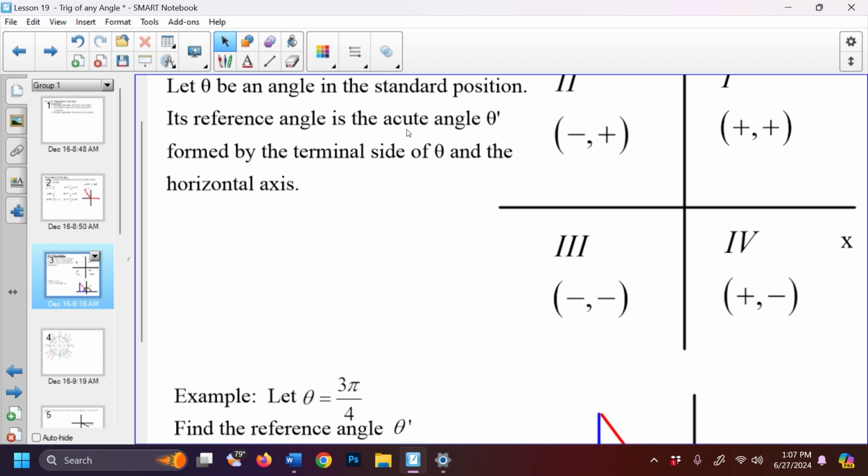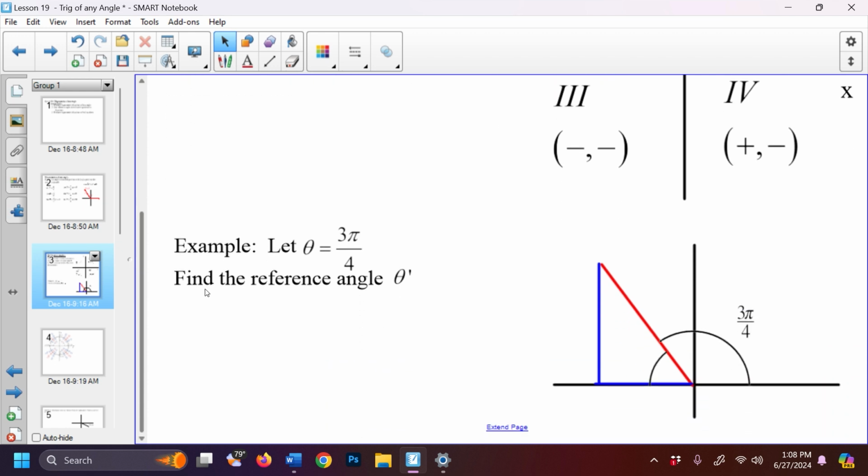So acute, remember, between 0 and 90 degrees, or between 0 and pi over 2 radians. Acute angle is going to be this angle right here. So this angle right here is my theta prime. There is my horizontal axis. Here is the terminal ray. This is an acute angle.